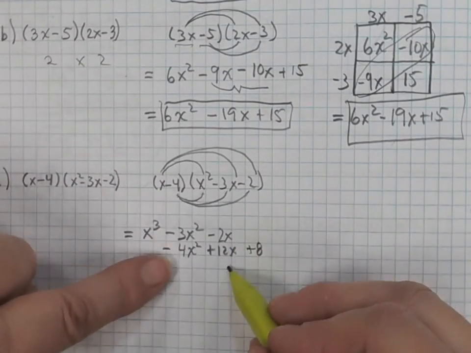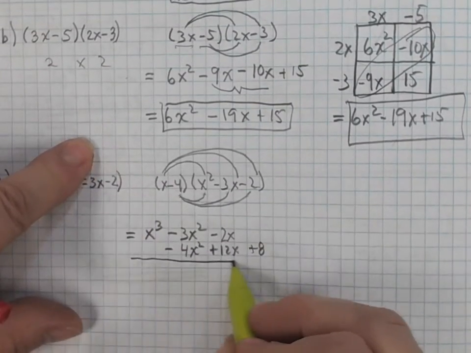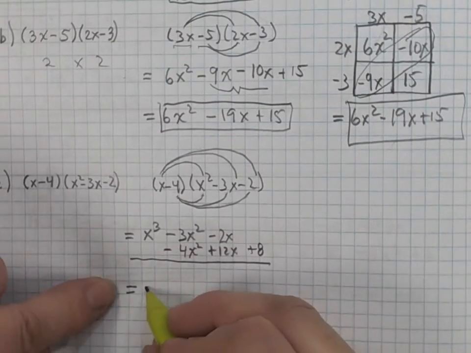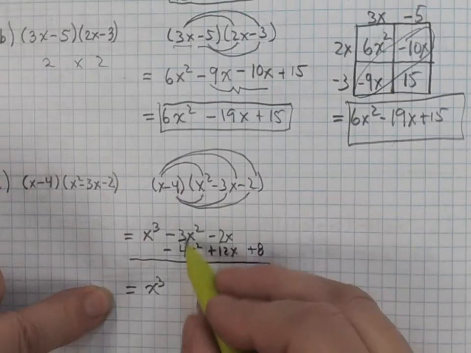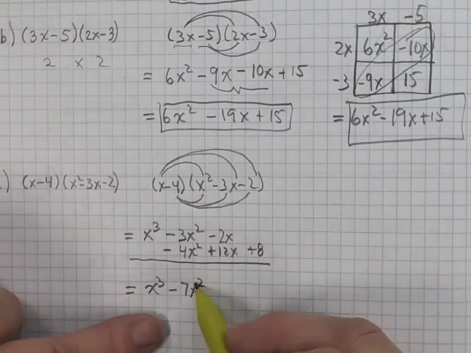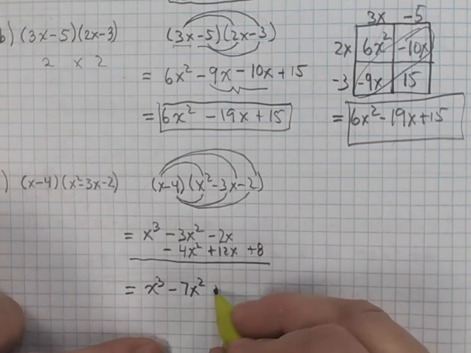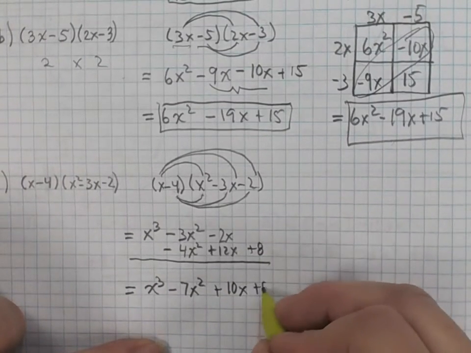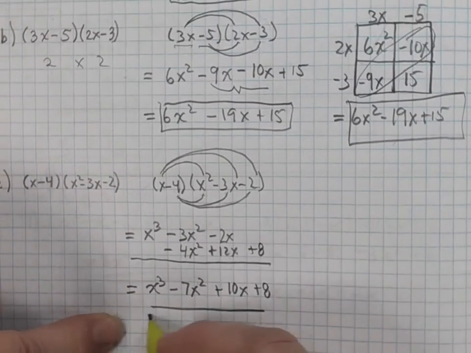All right, so I've got like terms stacked, and now I'm just going to add them together. And the result is x cubed, next column, minus 7x squared, next column, 10x, and then finally just the 8. This is the product.